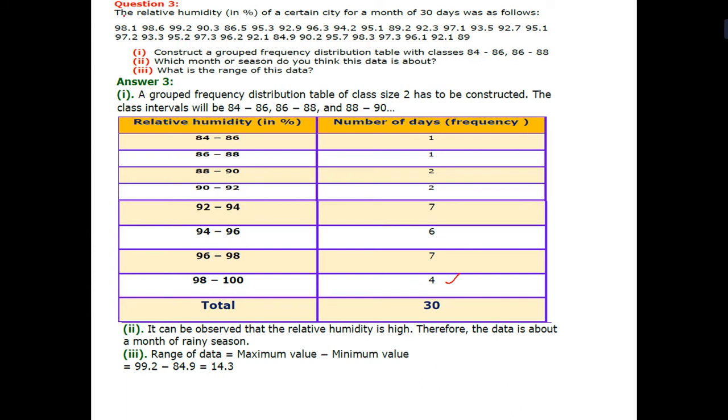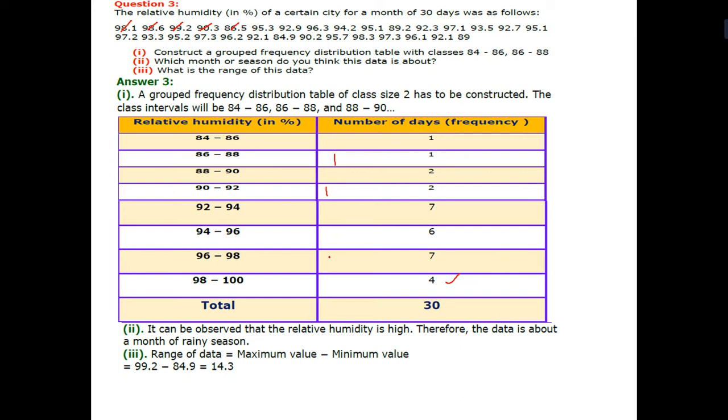84 to 86 we have to cross it now. 98.1 already gone. Here it is gone. Now 90.3. Where is it? Here 90.3. So it is gone. 86.5. That way we can cut. Here it is also cut. 95.3.